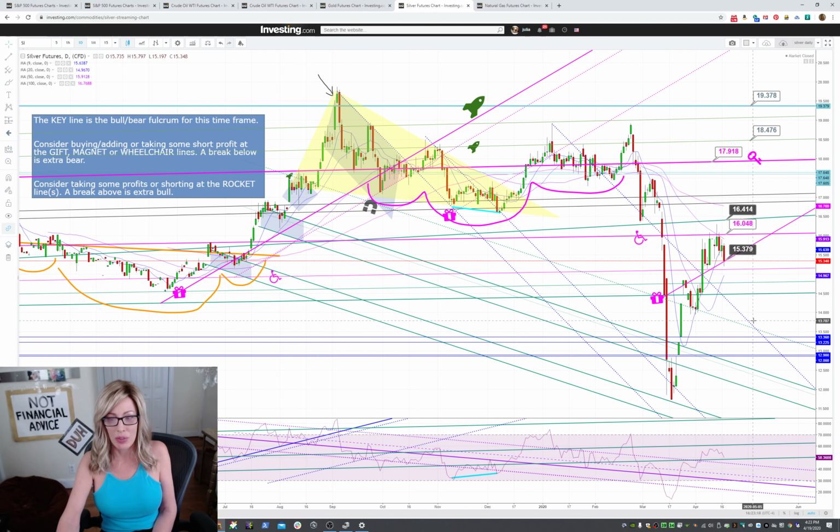We don't know. Hope not, because I have some in my longer term account. But I would wait until it closed above this line. So tomorrow, and this is a pretty flat line, if it's just above 16, then you've got a breakout and you're moving forward.